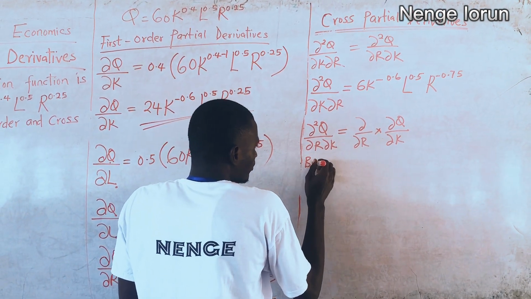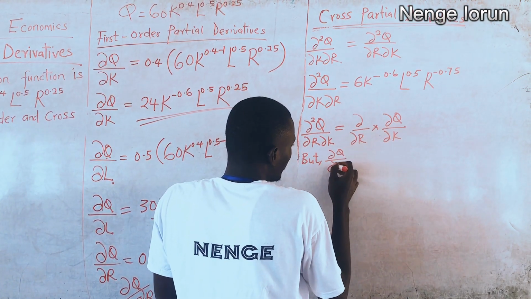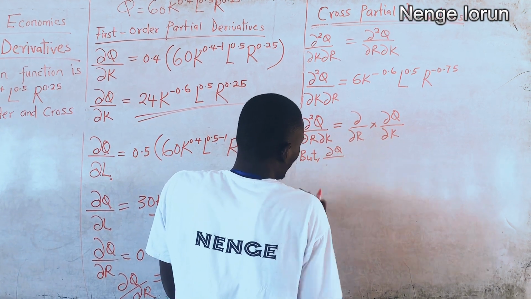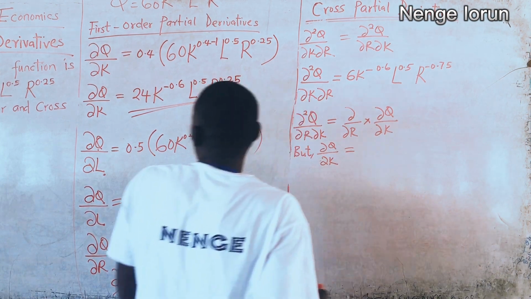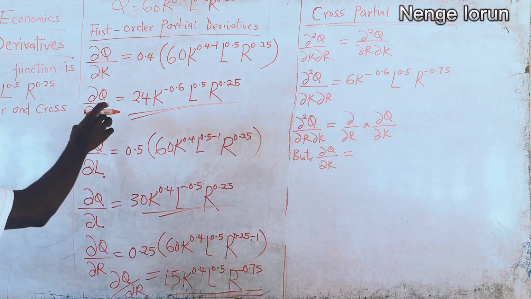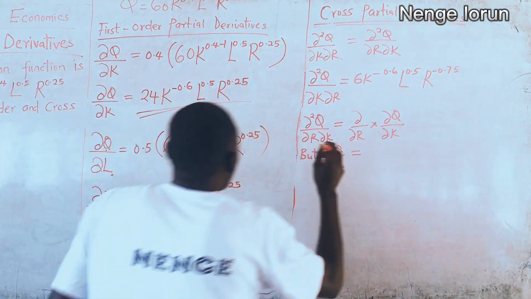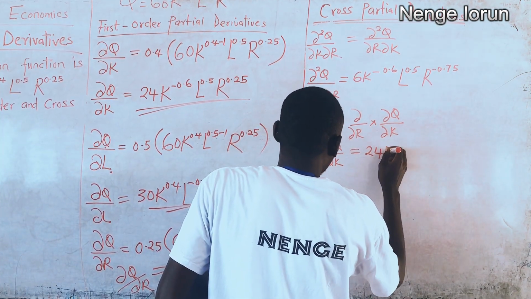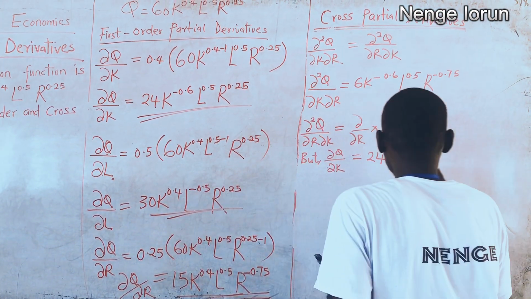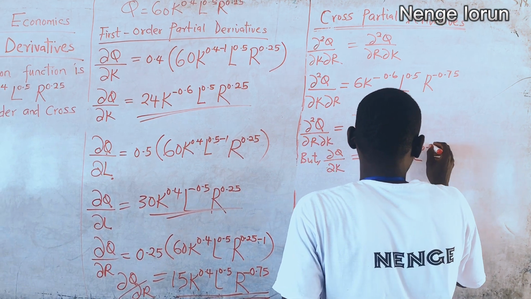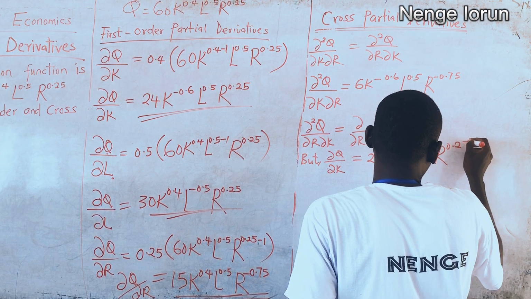The cross-partial derivative of q with respect to k has been computed. It is 24k raised to the power of negative 0.6, L raised to the power of 0.5, and r raised to the power of 0.25.